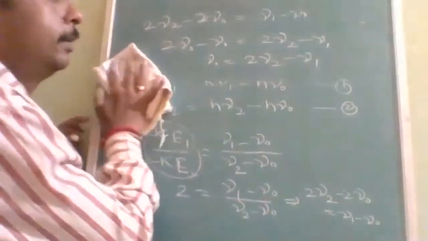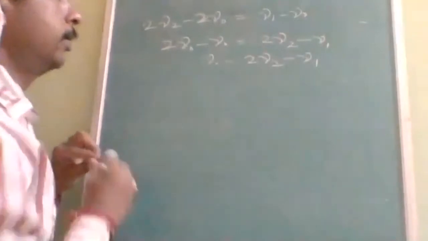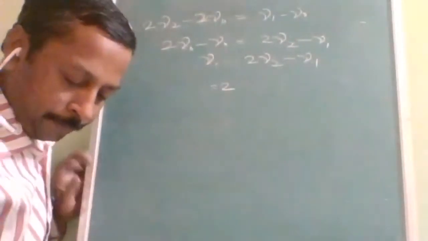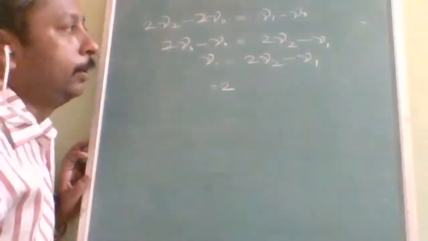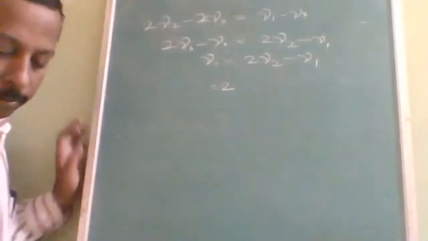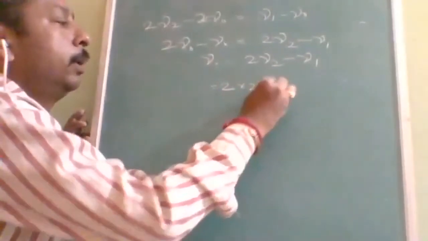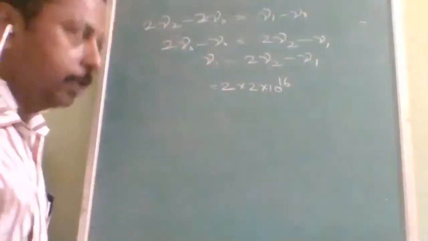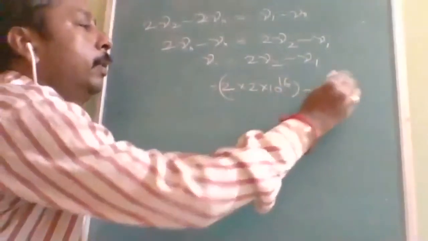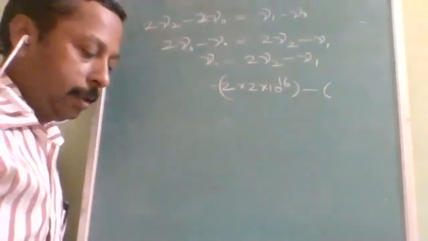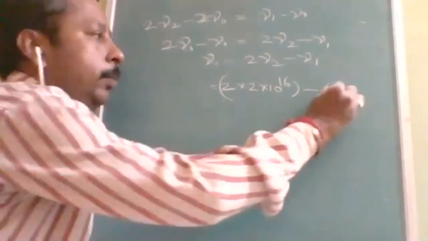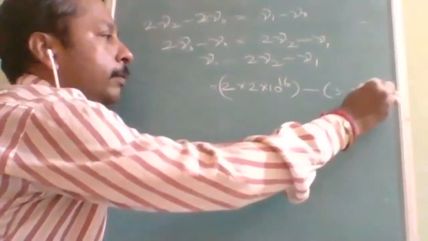Finally, we reached the destination. So nu0 is 2 nu2 minus nu1. What is nu2 here? 2 into 10 to the power of 16. What is nu1? 3.2 into 10 to the power of 16.